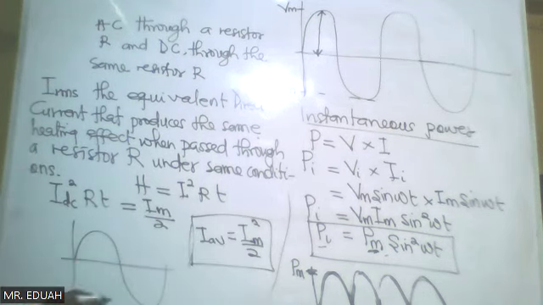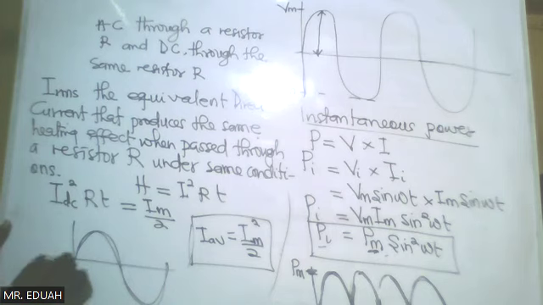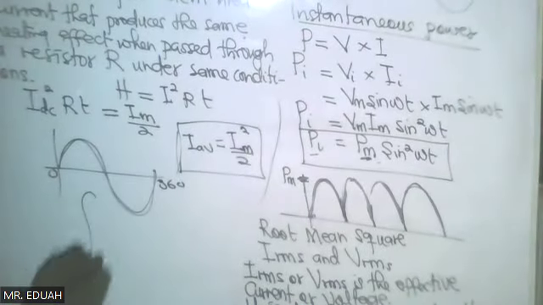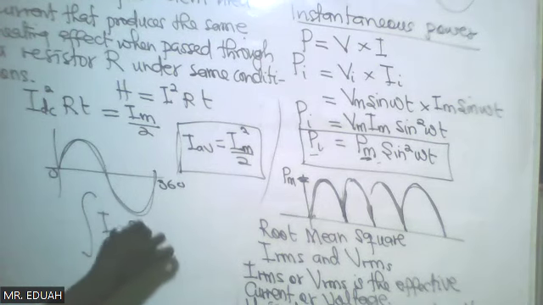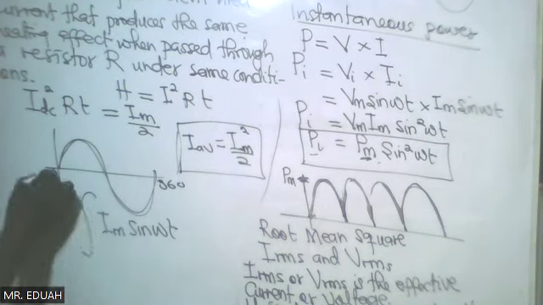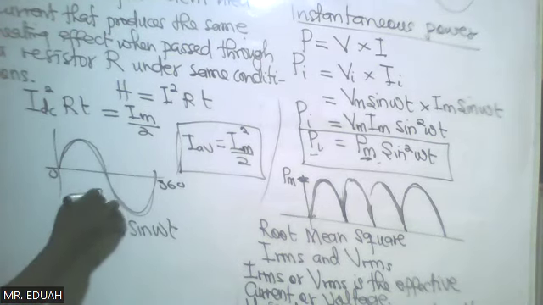So if you want to determine the average current over one cycle, and one cycle is from 0 to 360, so you integrate mathematically the instantaneous current IM sine omega t from 0 to 360. 360 is 2 pi.